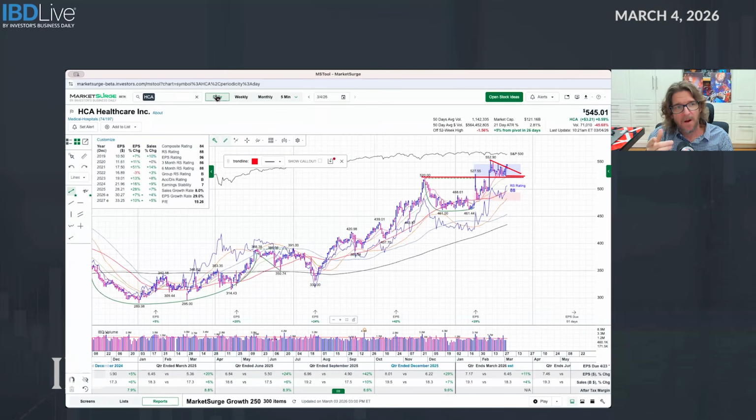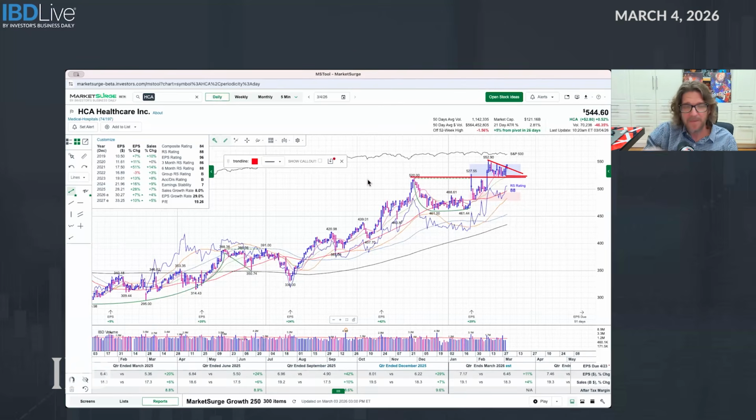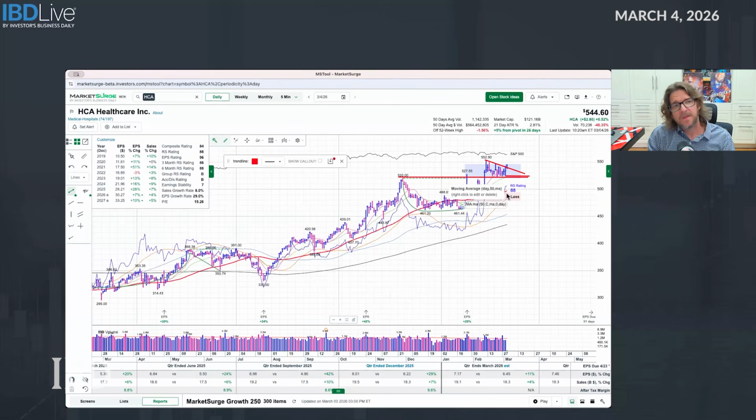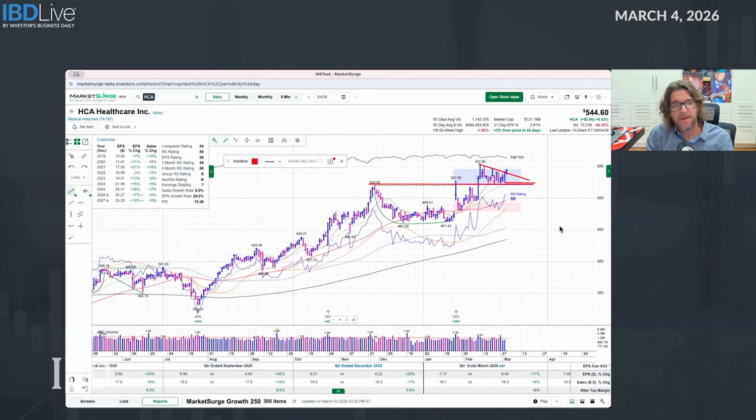So the market's falling apart, everything is getting killed, and this one is holding up and not even coming down to the 520. That tells you that there's some buyers in there that, in my opinion, didn't get enough shares and were using yesterday to soak things up. So I think it looks good.